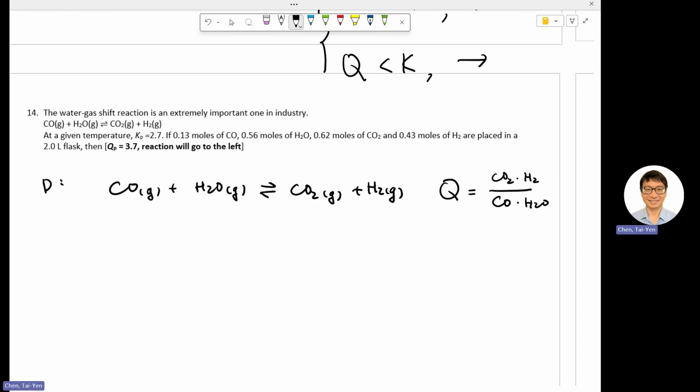Once you know how to write that, the next thing is to write your ICE table so that you know where the given numbers should be placed. Where should I put these? Which row, I, C, or E?